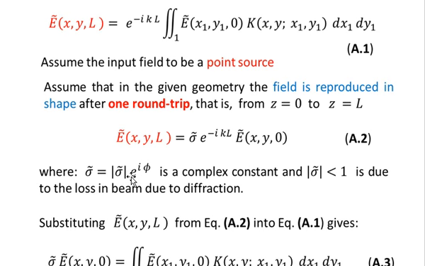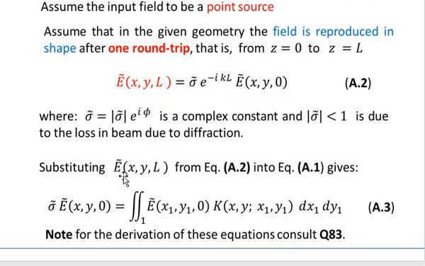This is by definition of the complex number, that is, a complex quantity can be represented by its magnitude multiplied by its phase factor. So this is a complex constant, and mod of sigma prime is less than 1 due to the loss in the beam due to diffraction. Again, for the detail of this one, have a look at the presentation number 83.